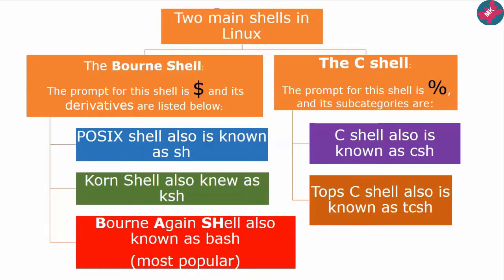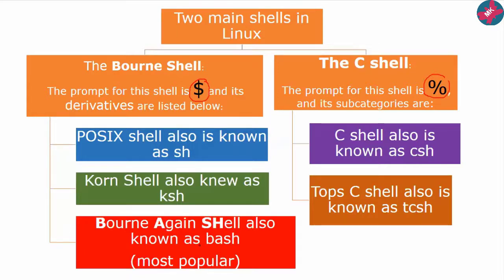There are two main shells in Linux. The first one is the Bourne shell and the second type is the C shell. In the Bourne shell we use the dollar sign as our prompt, and in the C shell we use the percent sign. Under the Bourne shell there are many shells, the main ones being POSIX, Korn shell and Bourne Again shell.